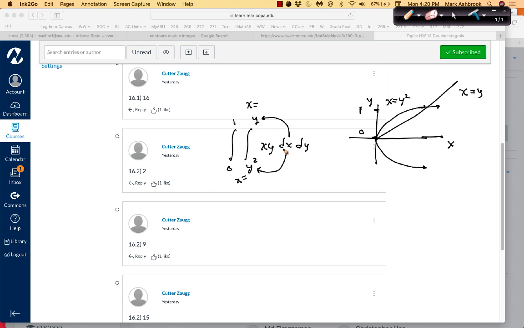So this is like the left boundary because it's an x value, and this is the right boundary, and this is like the bottom and the top. So which region has this on the left, this on the right, from 0 to 1? On the left, this is the left side, and this is the right side. And then here y is from 0 to 1, would be this region right here.